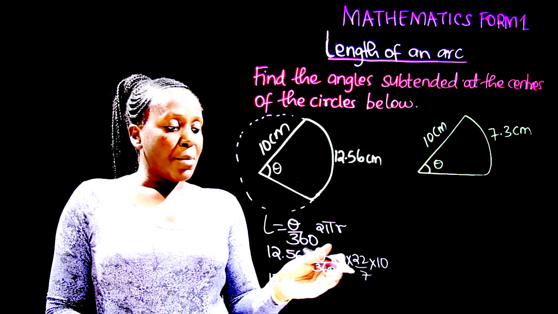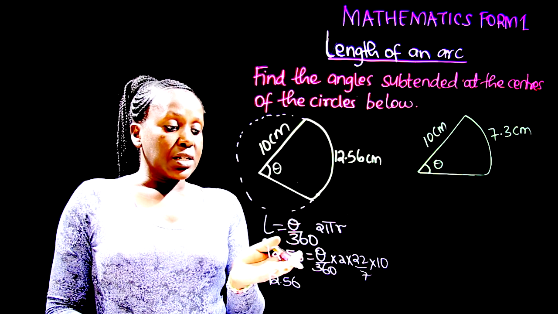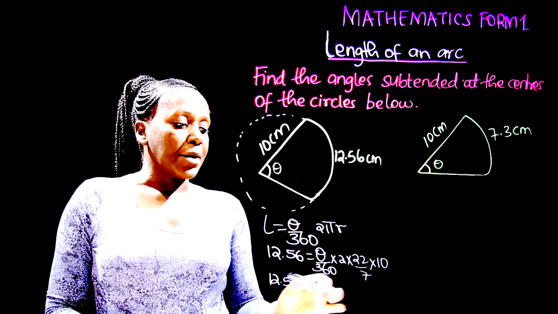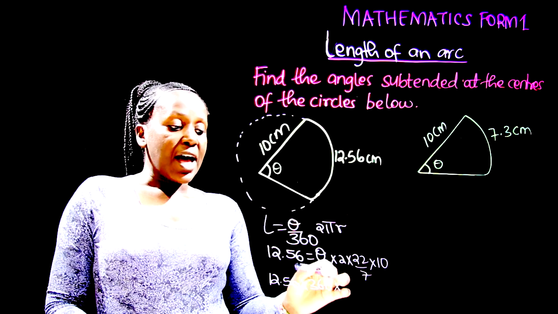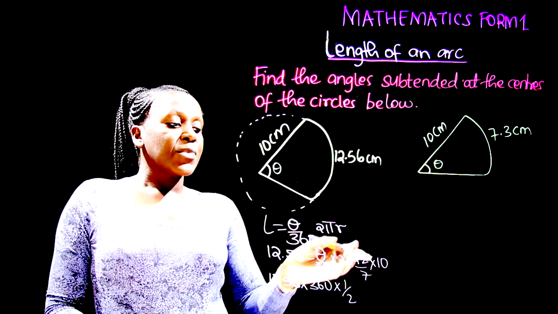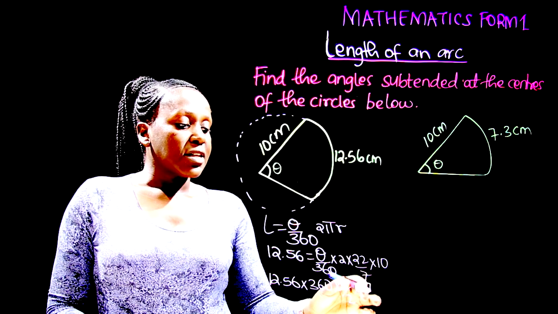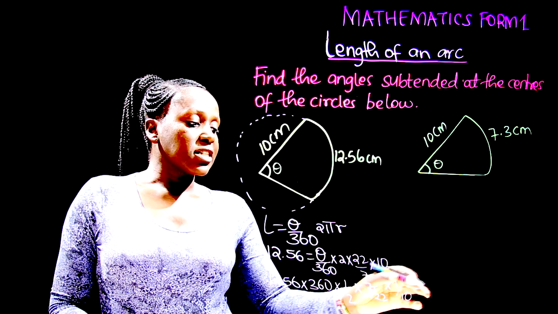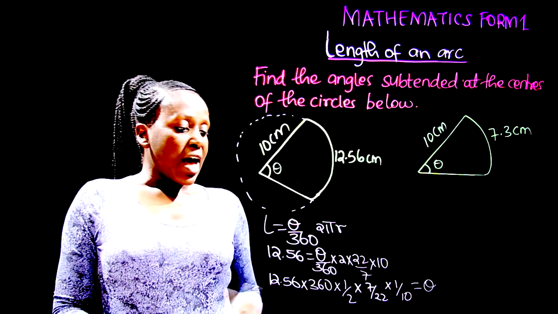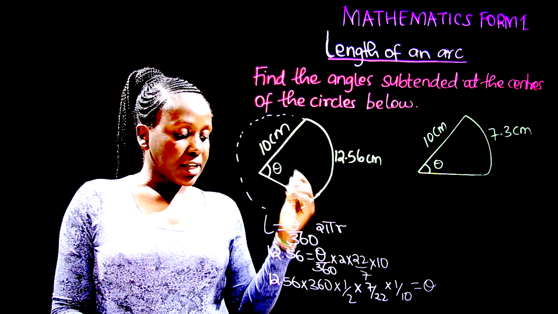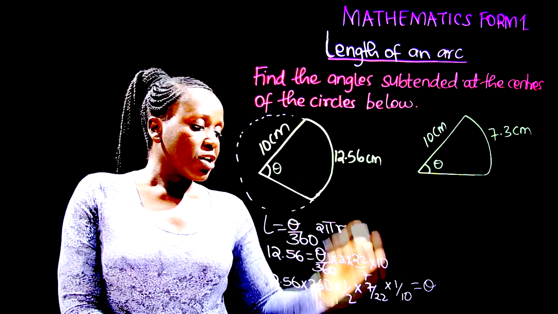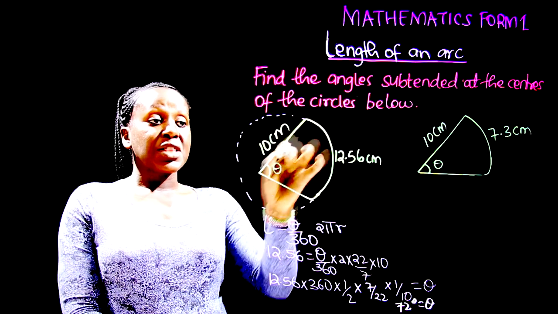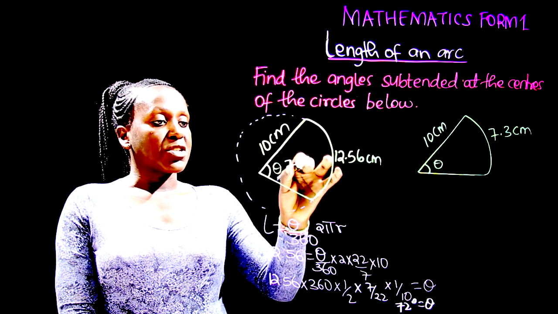Anything that is a denominator on this side becomes a numerator on this side. So 360 is a denominator, so now it's a numerator. 2 is a numerator, so now it's a denominator. 22 over 7 now becomes 7 over 22, and then 10 becomes 1 over 10, and this is equal to theta. So when you work this out, you find that theta is equal to 72 degrees. So the angle between the two radii here will be 72 degrees.